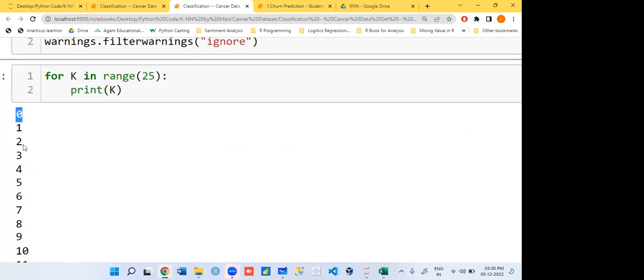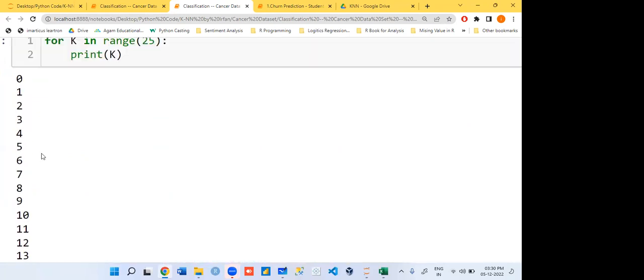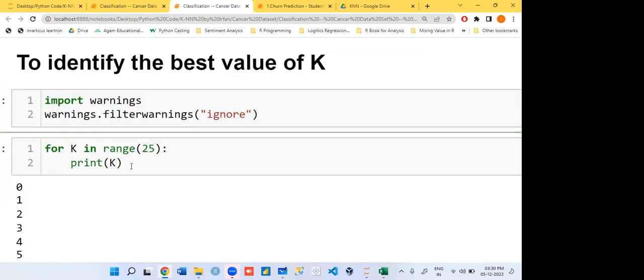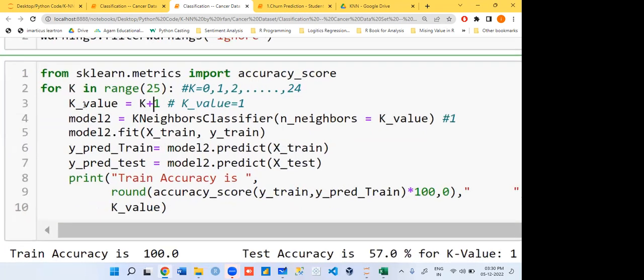Zero till 24. Okay, this is clear. This indicates the first value of k is 0. 0 plus 1. What is the new value of k? 1. This k value will come over here, which is nothing but the number of neighbors. So the first value of k is 1.